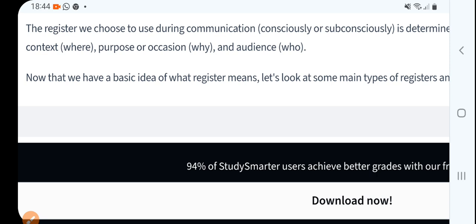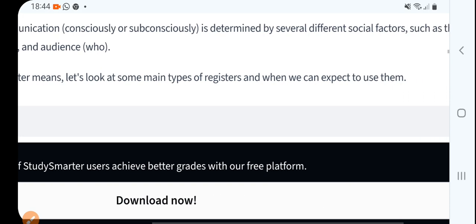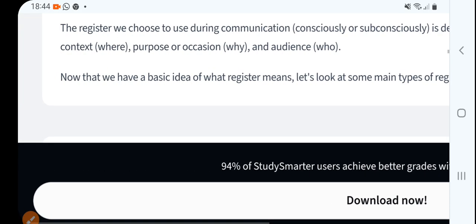Sometimes we choose consciously, sometimes unconsciously, but the important thing is that it is determined by these social factors: where, why and who, right?